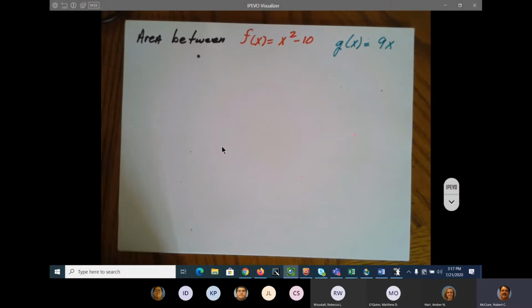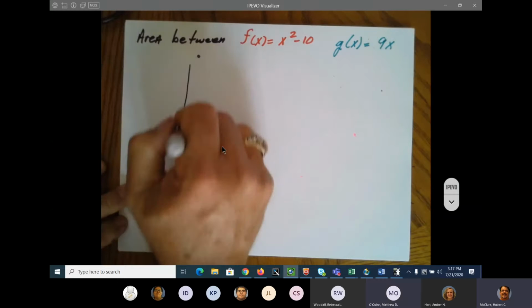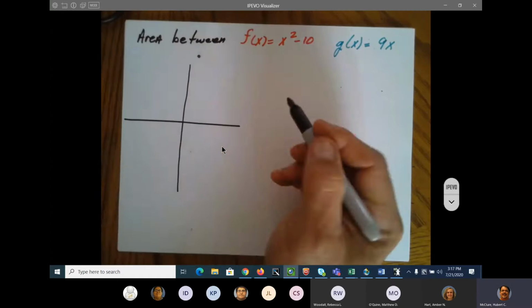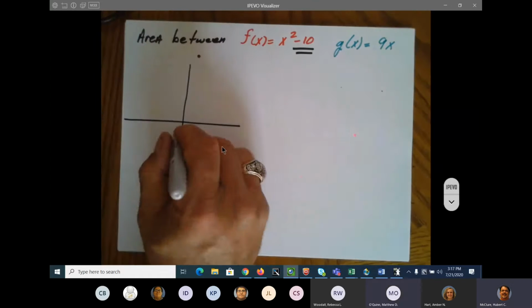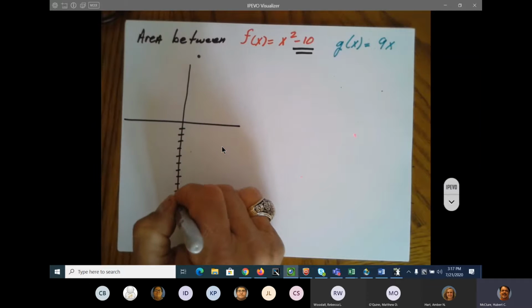Now, of course, the first thing you're going to do is sketch it. And this one's not going to be in the first quadrant because it has a y-intercept of -10. So 1, 2, 3, 4, 5, 6, 7, 8, 9, 10.